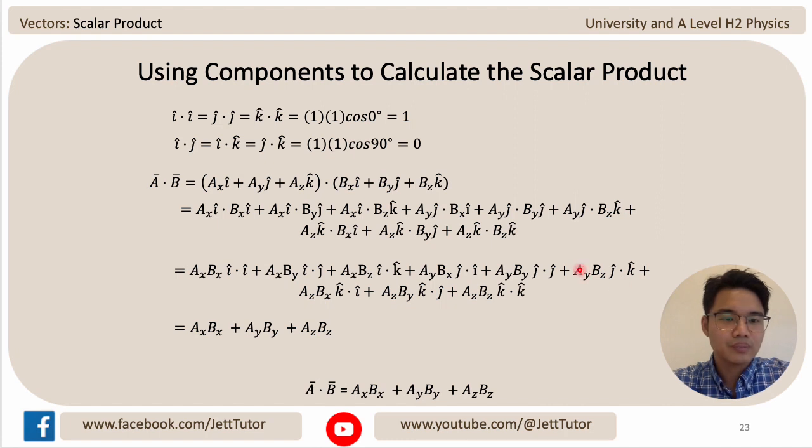All the components where the unit vectors are not dotted with the same vector go to 0. So we are left only with the components Ax Bx, Ay By, Az Bz, since ii is equal to 1, jj equal to 1, and kk equal to 1. So then A vector dot B vector is equal to Ax Bx plus Ay By plus Az Bz.